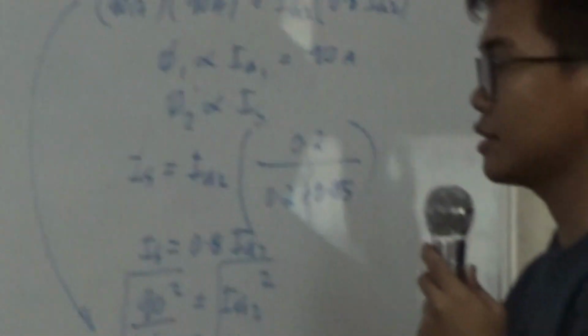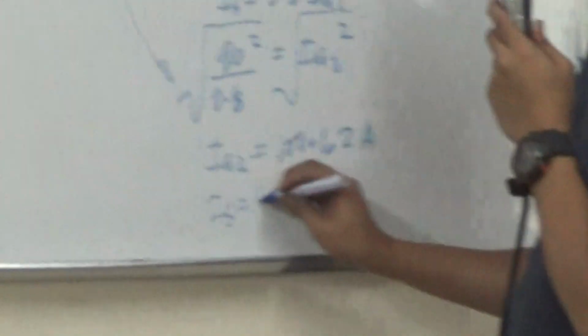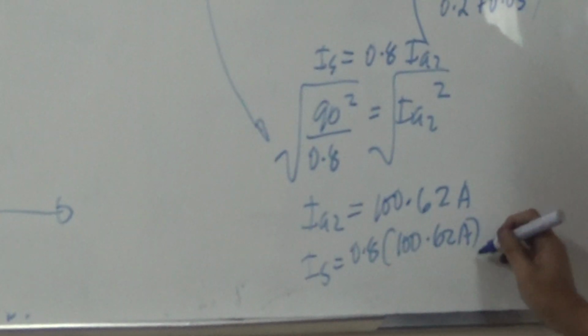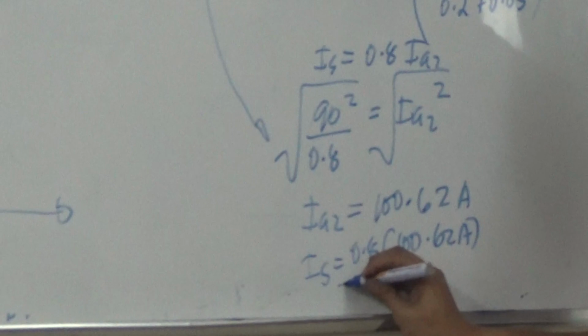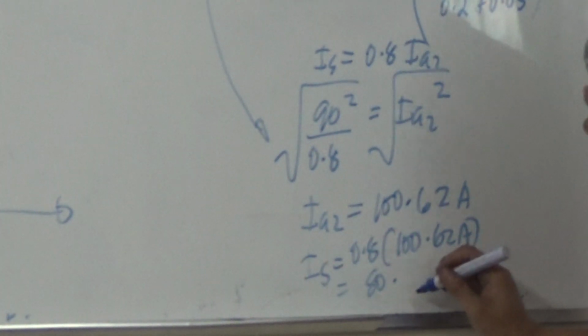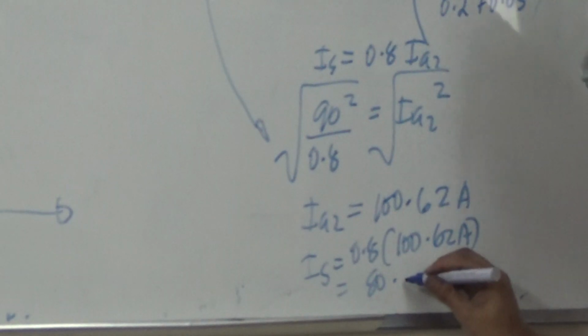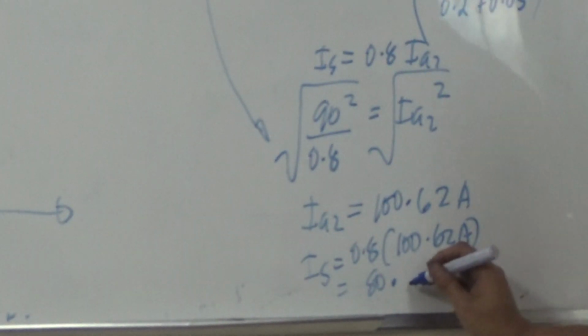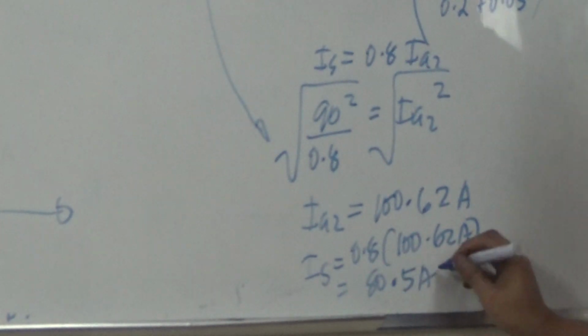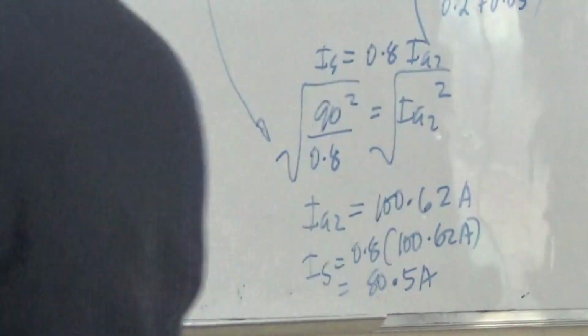So IS natin is equals to 0.8 ng 100.62 amps, so 80.5 amps. So yun yung lalagay natin sa proportionality.